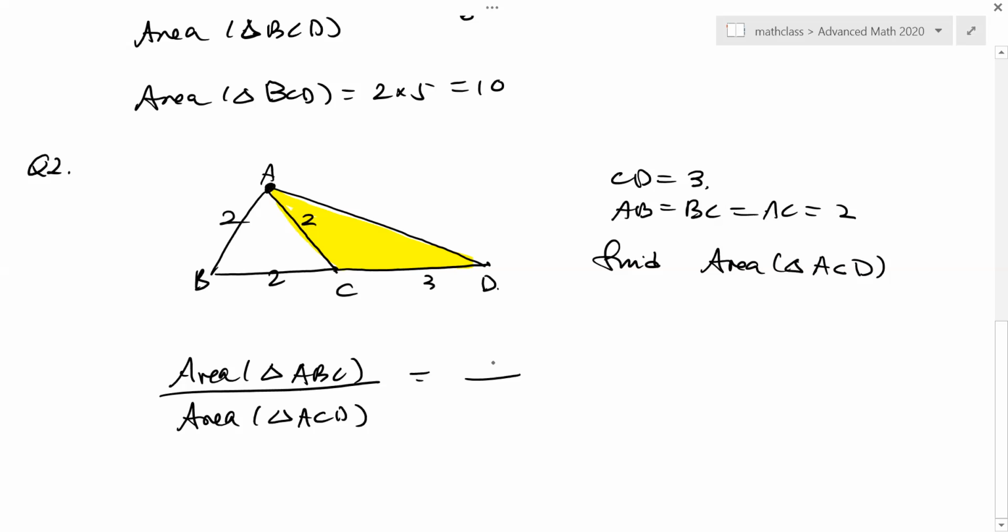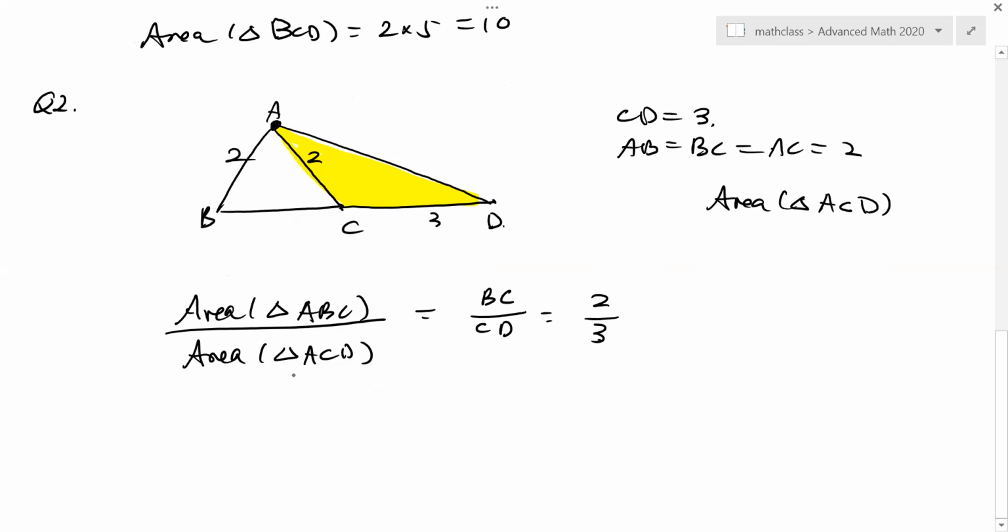Therefore, it's going to be the ratio of the bases, BC over CD, which is 2 over 3. So the area of the triangle ACD is going to be 3 over 2 times the area of the triangle ABC. But the area of ABC, you can find.